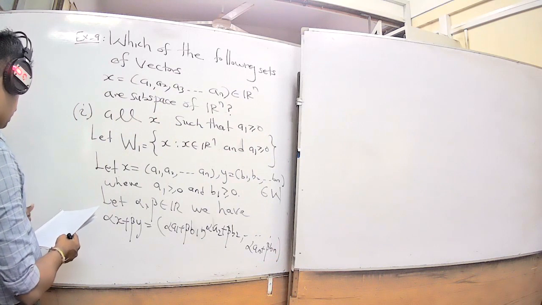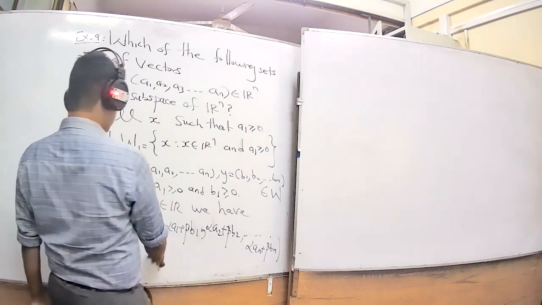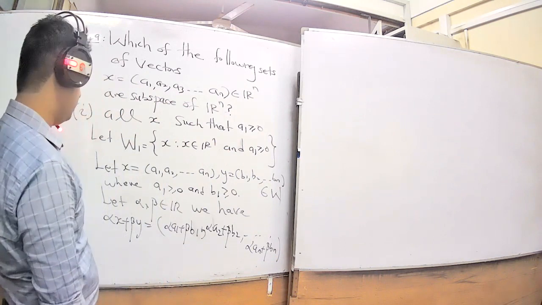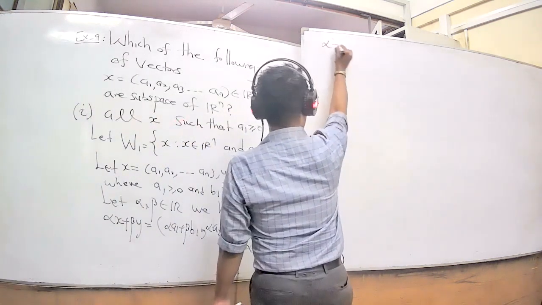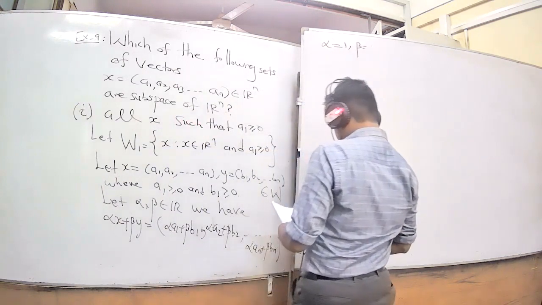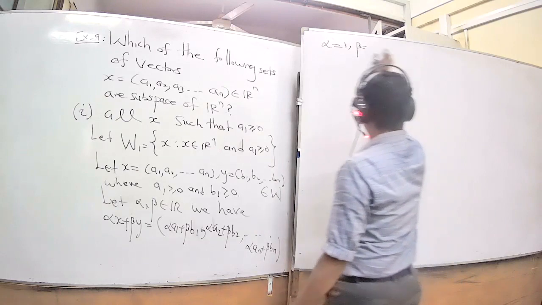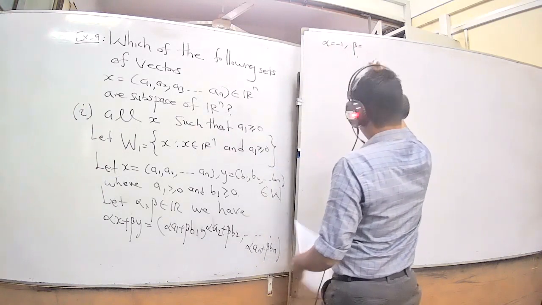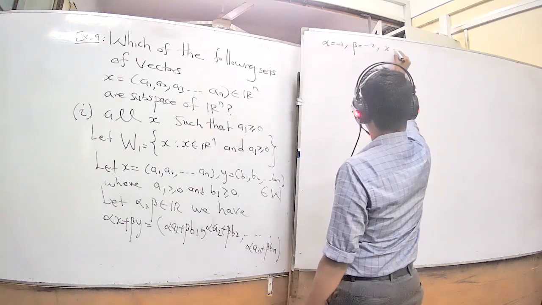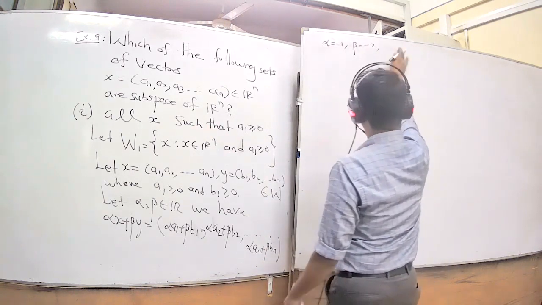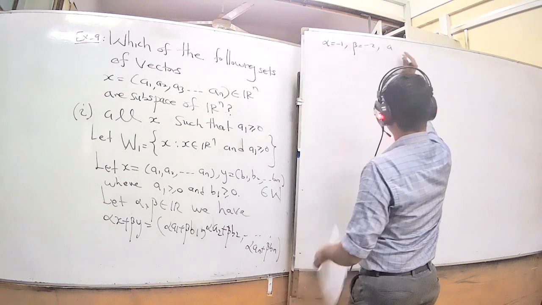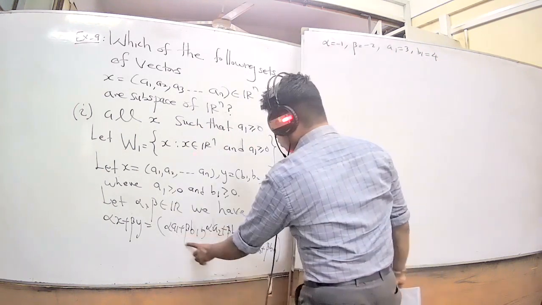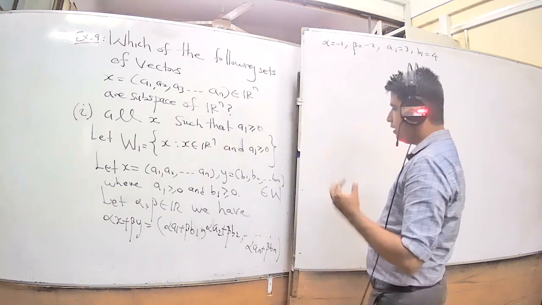You want to show that this belongs to W1, but it does not, because you can put some numbers arbitrarily. Since alpha and beta are real numbers, you can put any values.